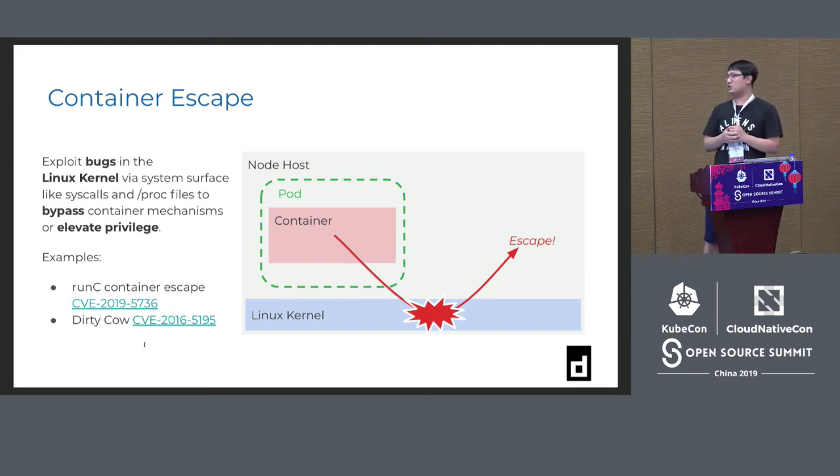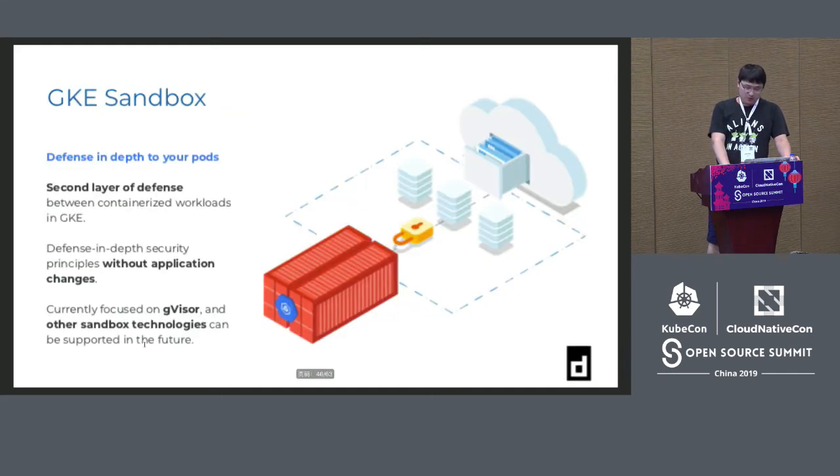If there is a bug, attackers may escape from the container, then steal your data or influence your production environment. To solve this problem, GKE has added another layer of protection outside the container. If you have a strong demand for isolation, you can have that.